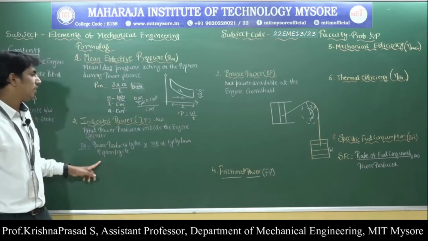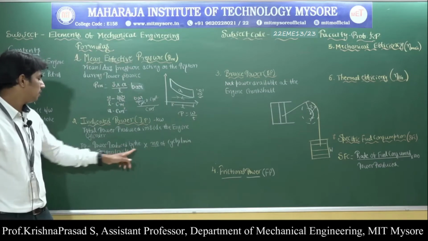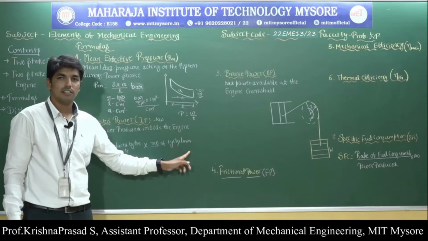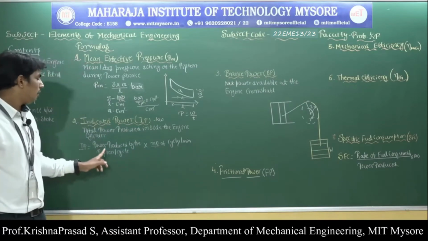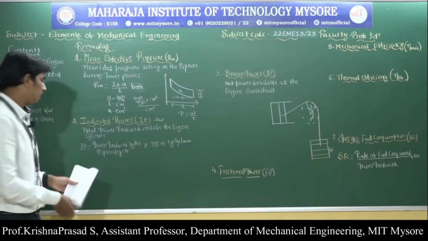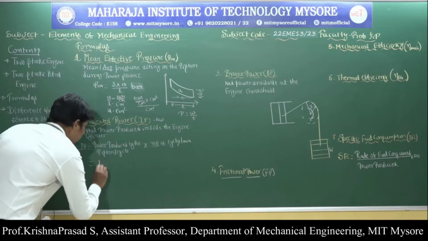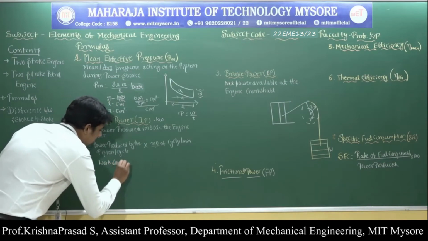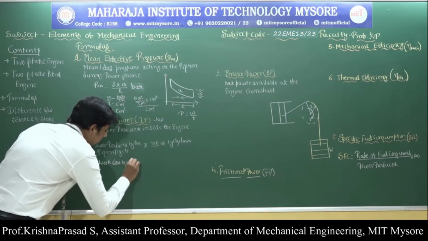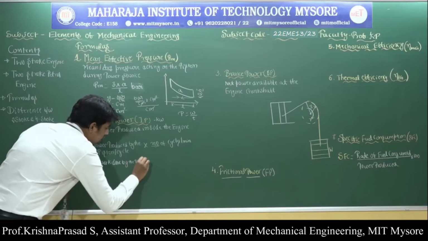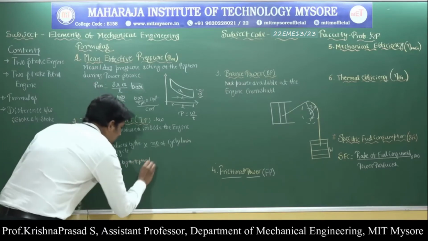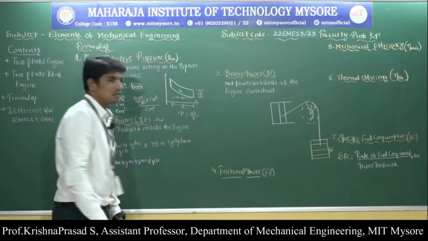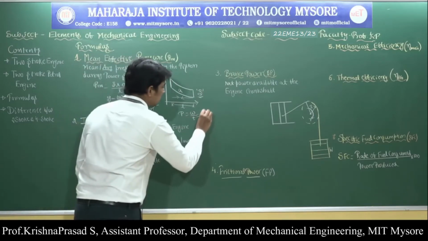That's why we have taken here power produced by the piston per cycle into number of cycles per minute, and here power produced by the piston per cycle, I can write as work done by the piston per cycle. We know what is meant by work. Work is nothing but force into displacement.